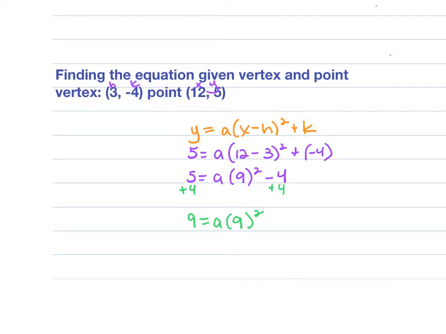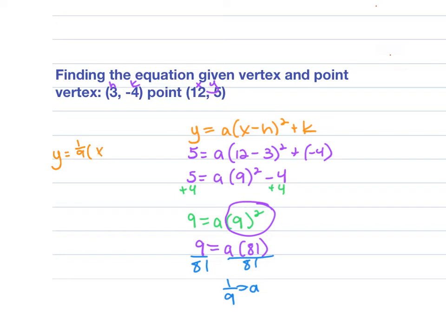So a lot of you forgot to square this 9. 9 equals a, 81. Divide both sides by 81. a equals 1/9. Then I plug back in just the a, the h, and the k. So y would equal a, which is 1/9, x minus h, which is 3, squared, plus k, and that's a negative 4, so it becomes minus 4.